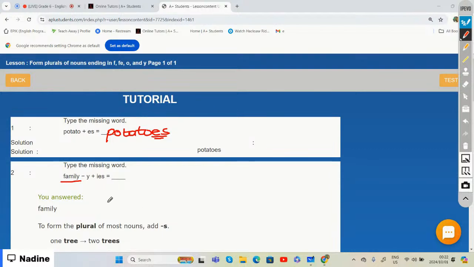And if we were to write the plural of family, then we will say it's families.